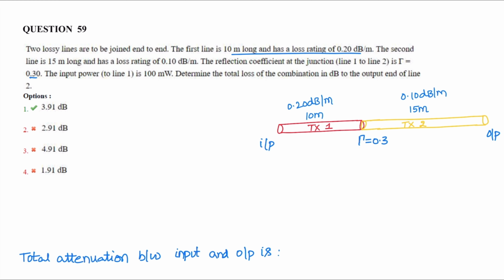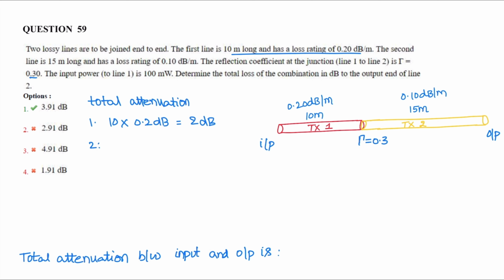For transmission line 1, the total length is 10 meters and the attenuation per meter is 0.2 dB, so the total attenuation in line 1 is 2 dB.